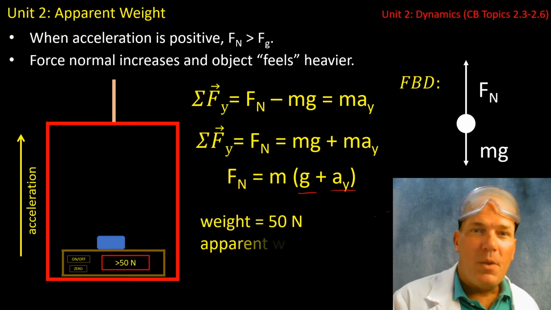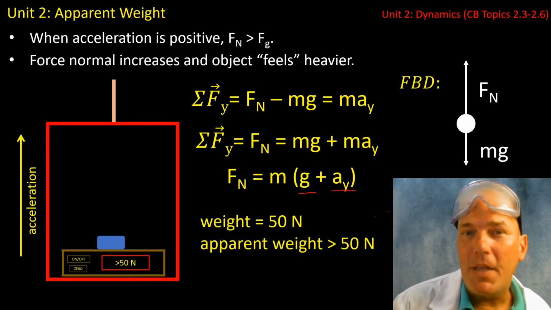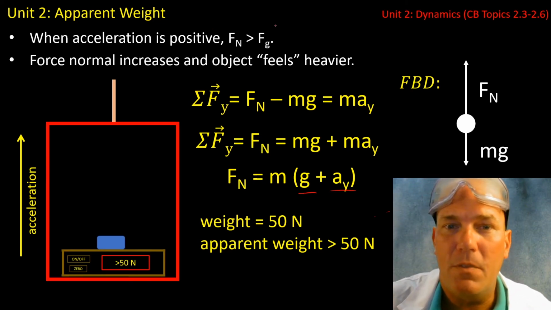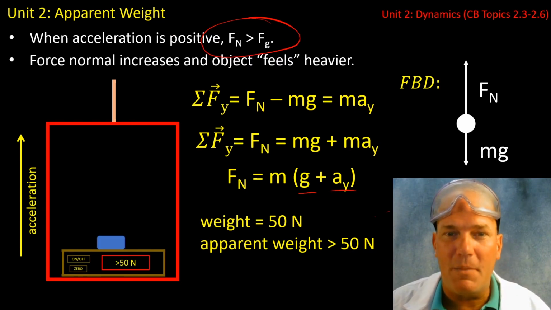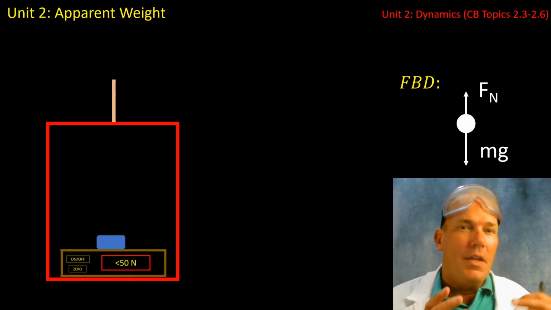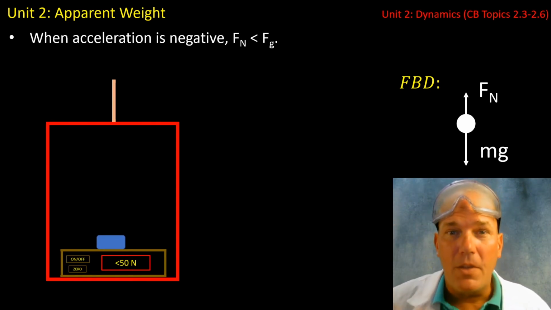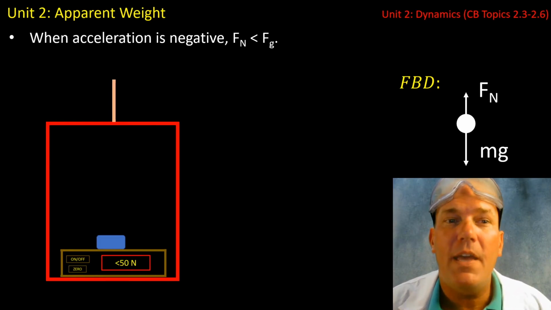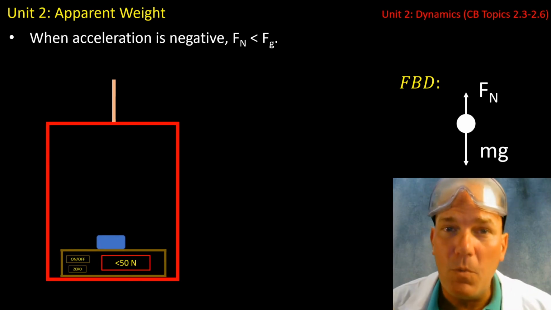So the weight is 50 newtons, but the apparent weight is more than 50 newtons. Please make sure you've written this down. We'll talk about this a number of times. Now, look at the vector for force normal in this scenario. It's gotten smaller. In this case here, we're going to have an elevator accelerating downwards.